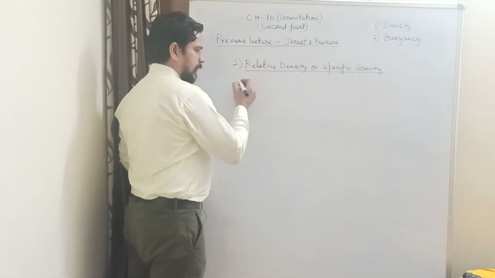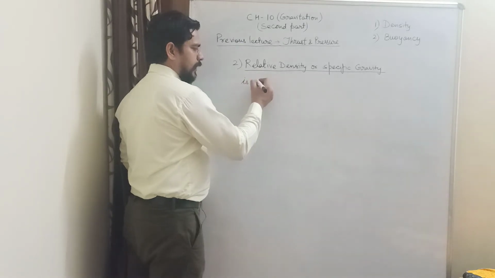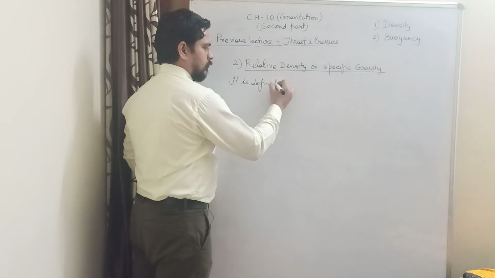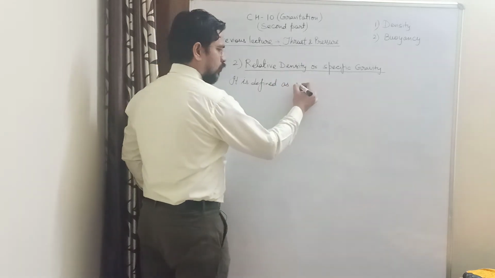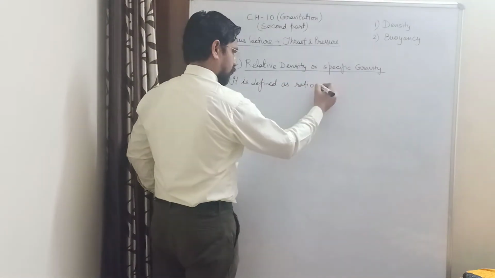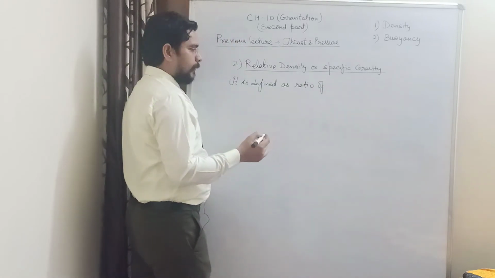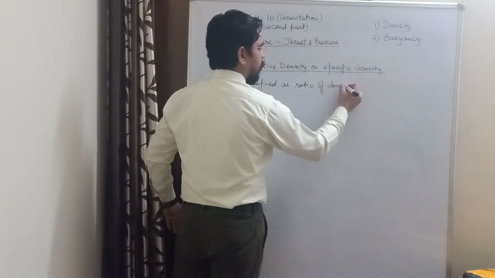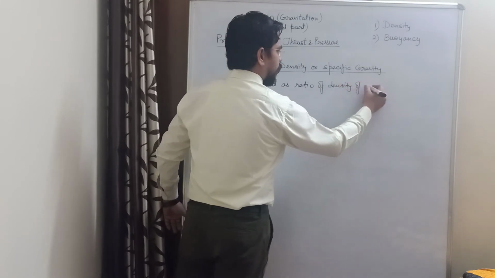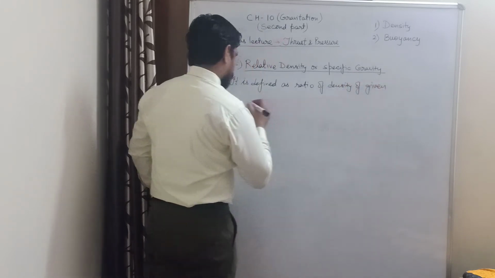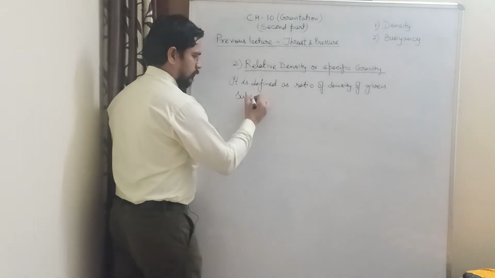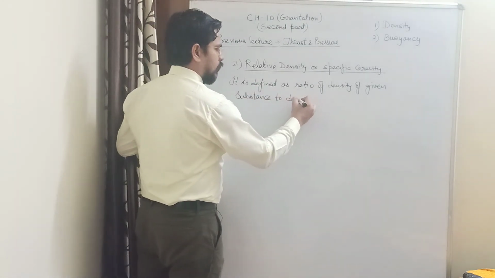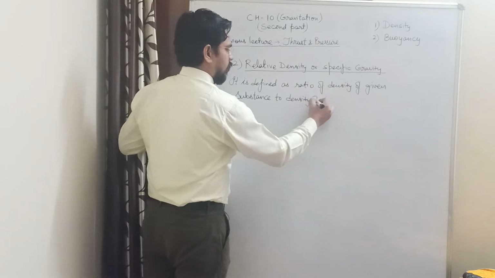Relative density or specific gravity is defined as the ratio of density of a given substance to density of water.